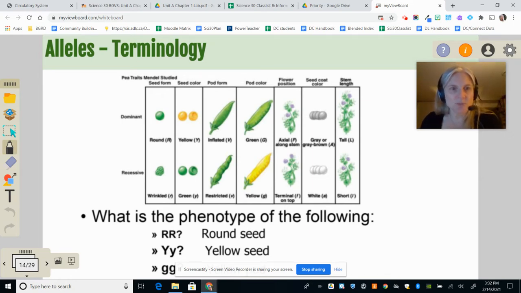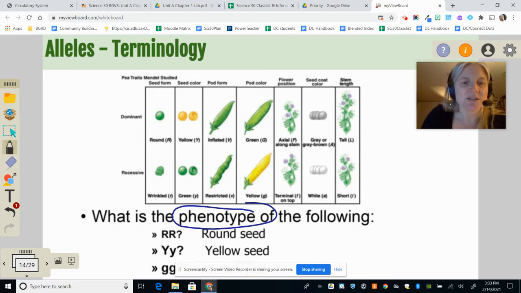So we're looking at some more terminology here. We're going to try using some of this terminology that we've just done. So we want to know what the phenotype of the following are. I'm going to have to make up some new ones. So when you're given two capital R's like this, there's the alleles that we're talking about.